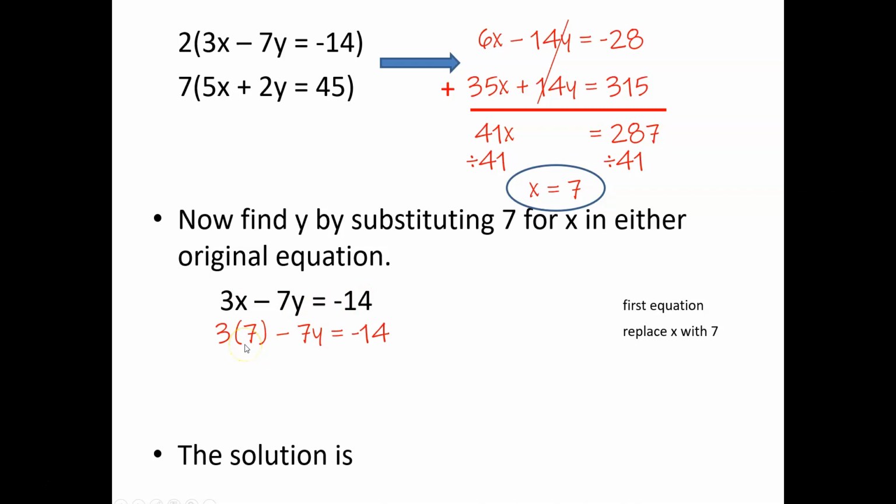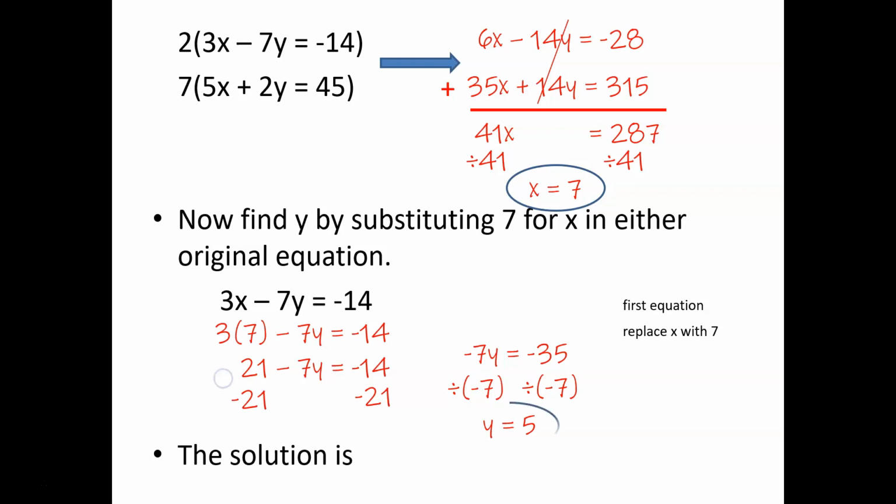So we substitute in the 7, multiply it through, then we're looking to get y by itself, so we subtract the 21, and then we divide by -7, and we get +5. Now don't forget, your answer has to be an ordered pair in alphabetical order. There you go. It's 7, 5 is your answer.